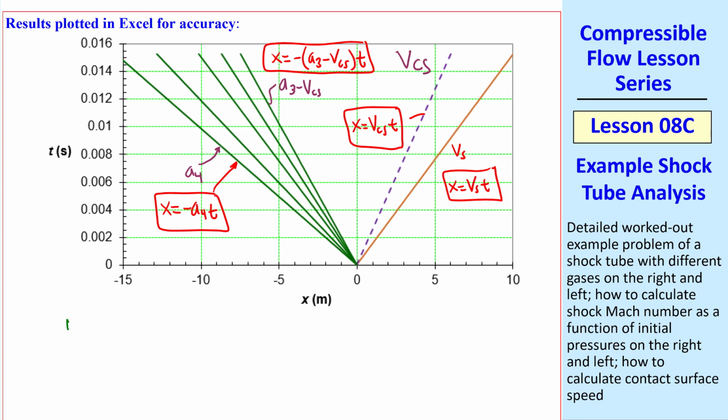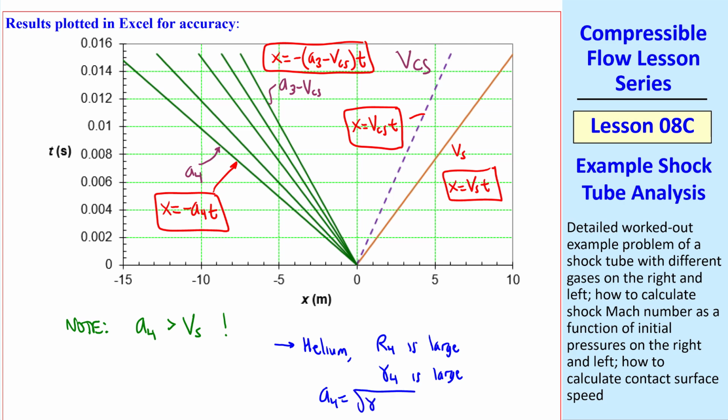One comment here, the speed of sound a4 in gas 4 is larger than the speed of the shock in gas 1. That may be surprising, since this is moving at the speed of sound, whereas this is supersonic. Well, that's because for helium, R4 is large, and gamma 4 is also large compared to air, and so a4, being the square root of gamma 4 R4 T4, is large, even though T4 and T1 are the same in this problem.